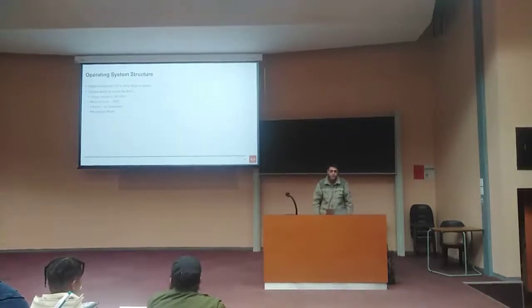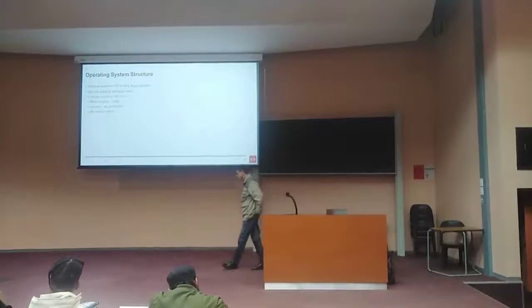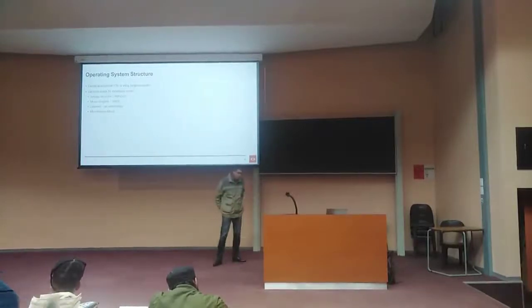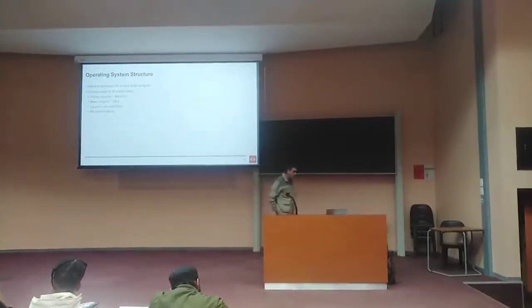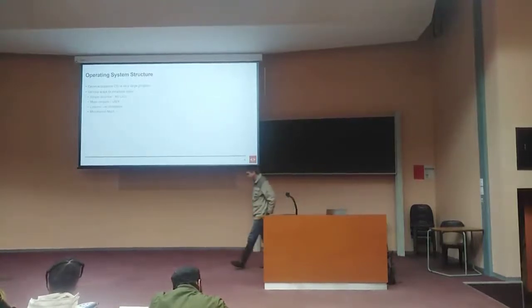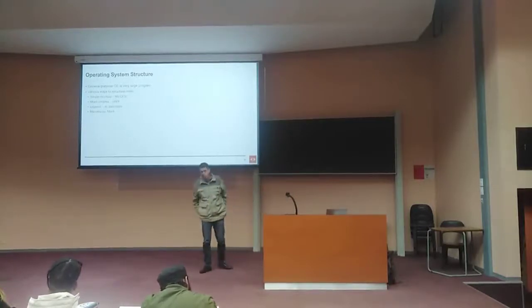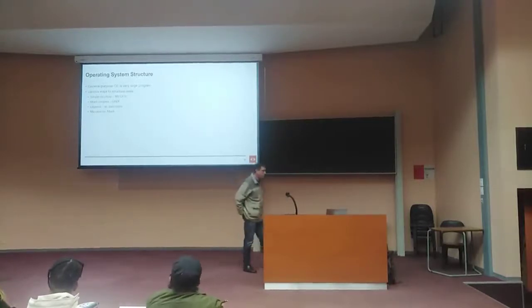Okay, so let's talk a little bit about some of the approaches mentioned in the textbook around what you can expect operating systems to be built on. So there are structures. We'll look at a very simple structure, in fact a very haphazard structure, which was typically the example of MS-DOS.